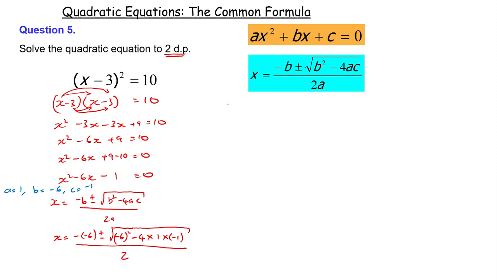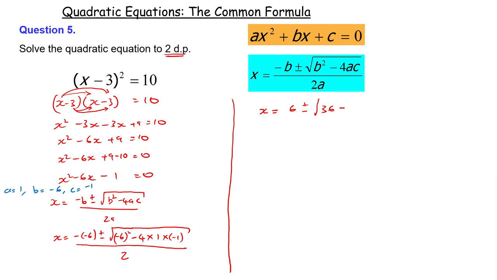It's just 2. Continuing on this half of the page, like I say, pens down. Okay, you will have time to copy. That means x is equal to minus 6 is just 6, plus or minus the square root of 6 squared, which is 36.